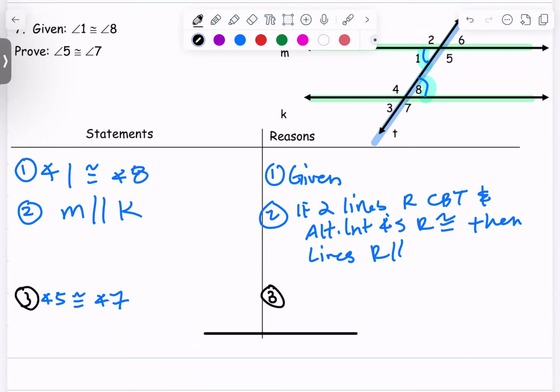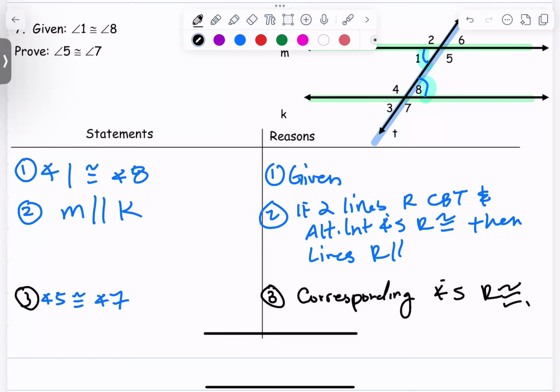I know same side exterior angles are supplementary. I know all of these 5 angles exist, because I know that those two lines are parallel. So I can just put corresponding angles are congruent. Make sense?